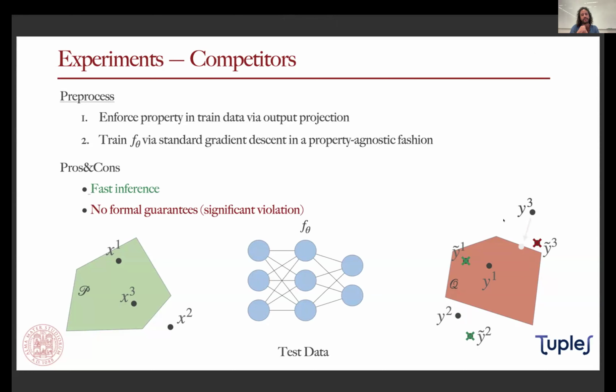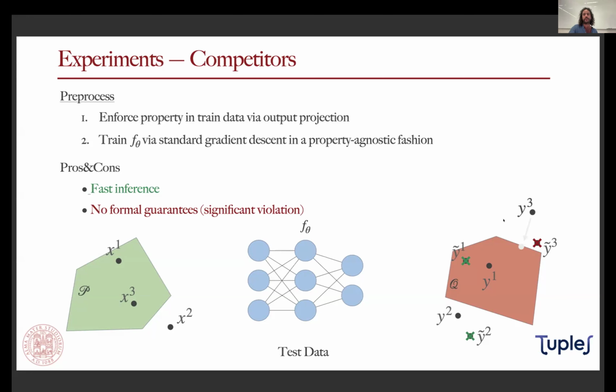I mean, here the idea is that the most expensive task, which is our property enforcement, is computed offline. It is computed on the data. Once your data is consistent with the property, you can do any machine learning analysis and produce a neural network which is fast.